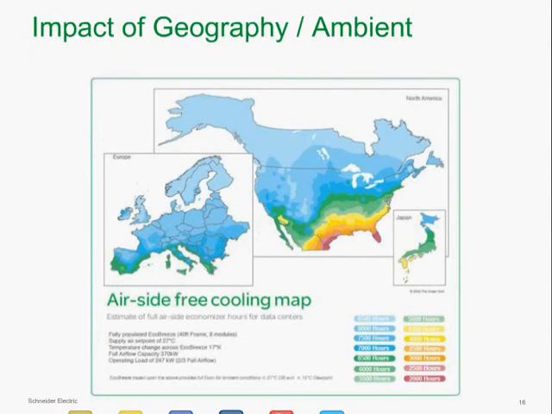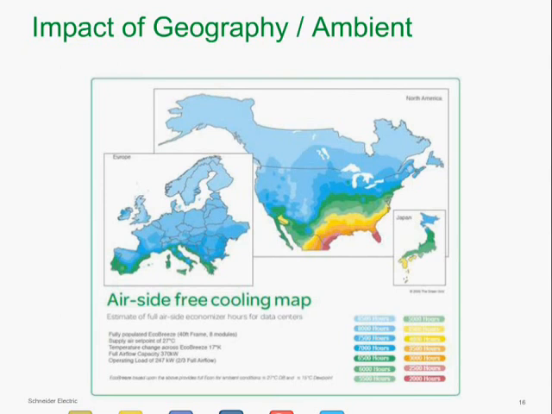We talk about ambient temperatures, ambient conditions. Here's another way to look at it from more of a global perspective. If you look at this slide, really any of the geographies shown here that are blue or green represent a tremendous opportunity for the use of economizers. And we can be talking in the range of 4,000, 4,500, 5,000 hours per year and higher.